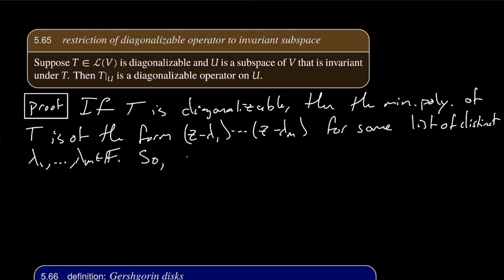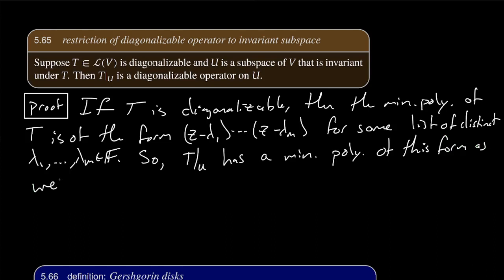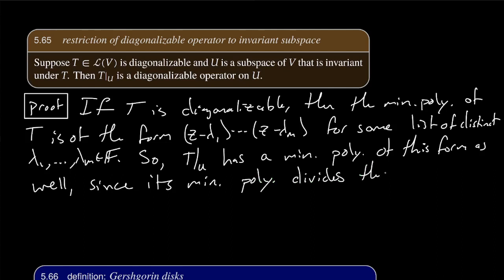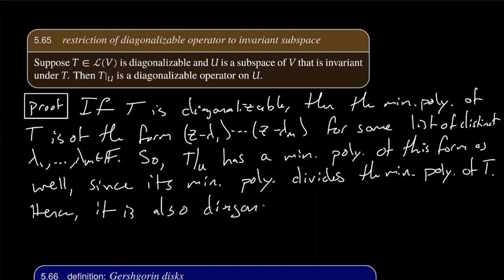So T restricted to U has a minimal polynomial of this form as well, since its minimal polynomial divides the min polynomial of T. Hence, it is also diagonalizable.